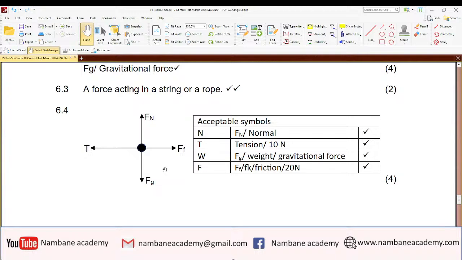If you see there's an arrow but no label, we don't award a mark, we penalize. If we are expecting 4 forces and the learner gives us 5, we penalize for 1 extra force.